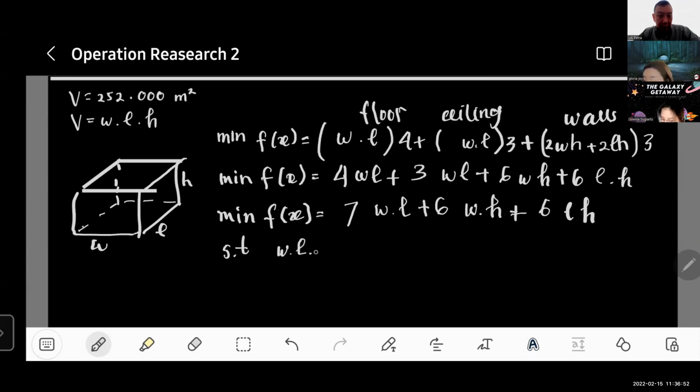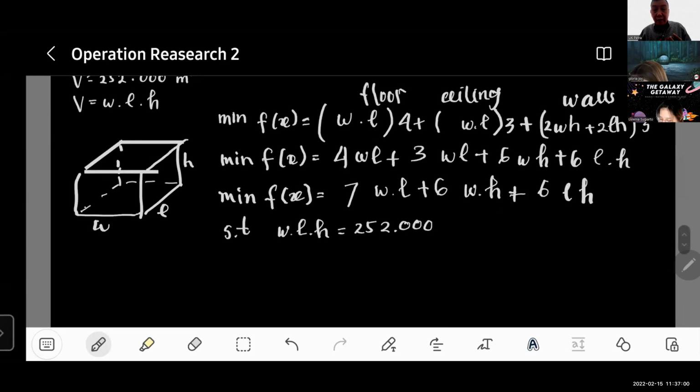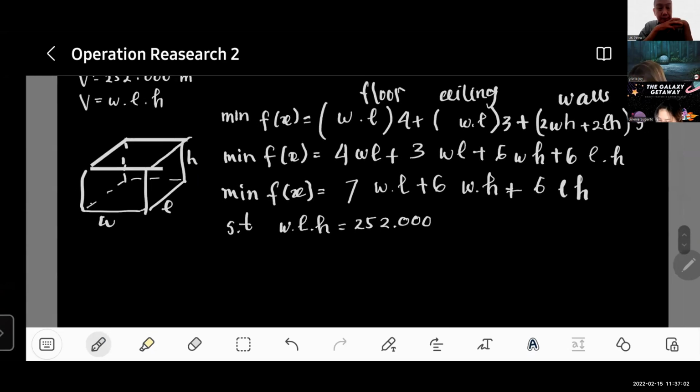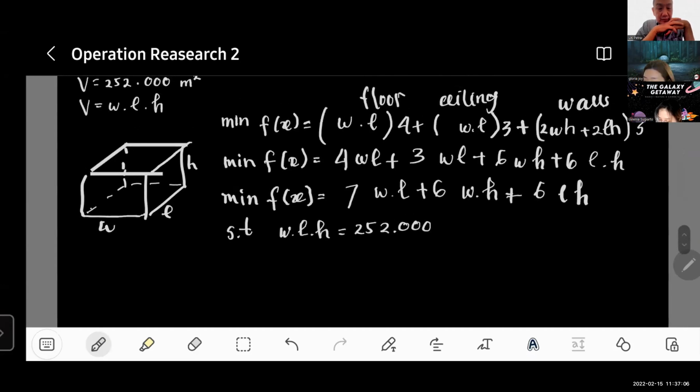So WLH equal to 252,000. And then what is the next constraint? Everything must be positive. W, L, H must be positive. Okay, excellent.